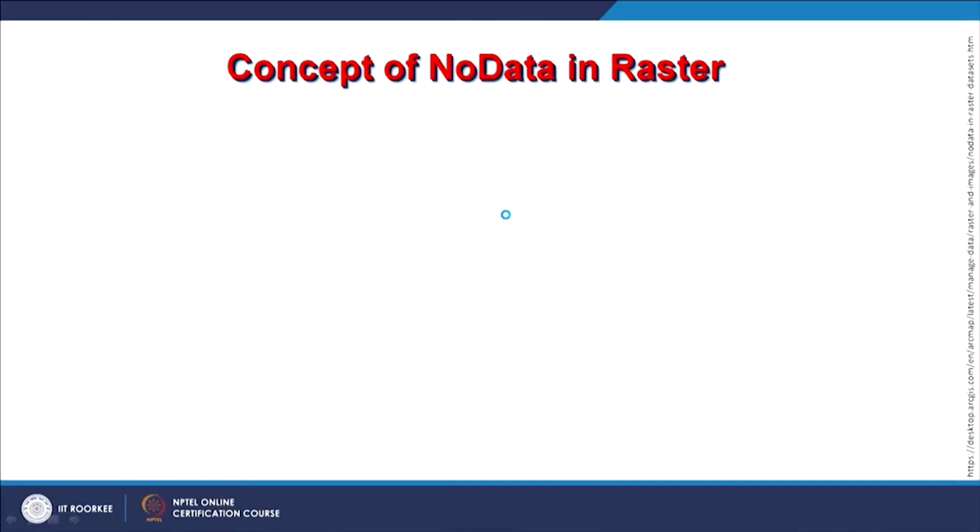Initially when we started using GIS, it was mainly focused on vector data handling and analysis. Later we got the capabilities in GIS to handle raster data, but then a problem came about how to keep information about the outside of my area of interest.